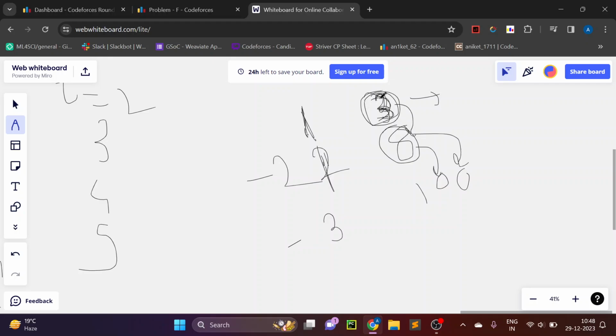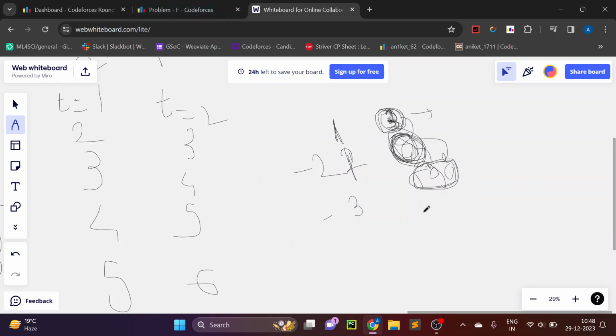So for 3, persons with ending points 8 and 100 are traveling but 3 is standing. Similarly for 8, the person traveling has ending point 100, but at that point 8 is standing. So for 3, all the elements which have greater value than 3 will be greeting 3 while traveling, but 3 at that point will be standing. So this was the second observation.